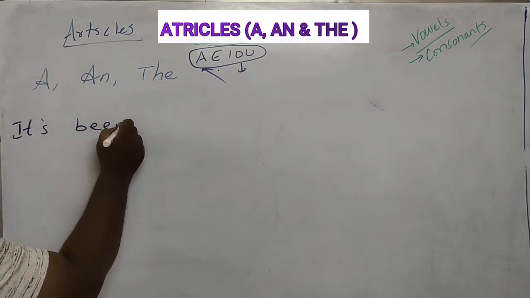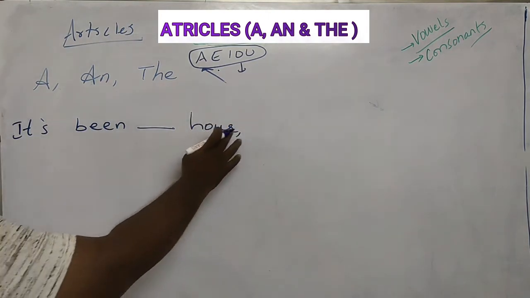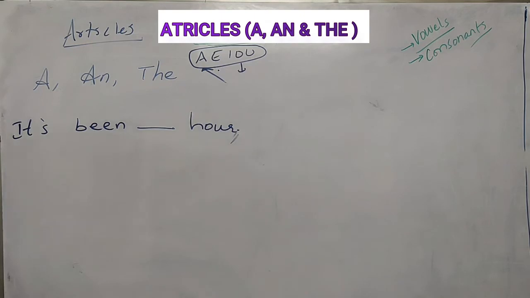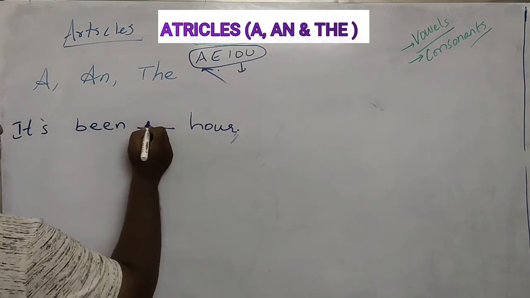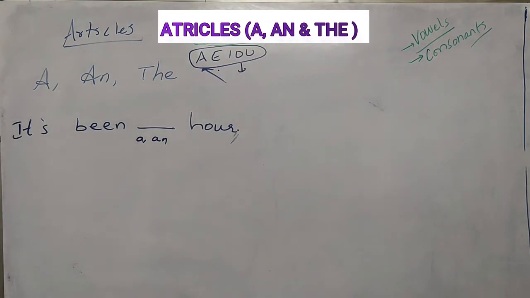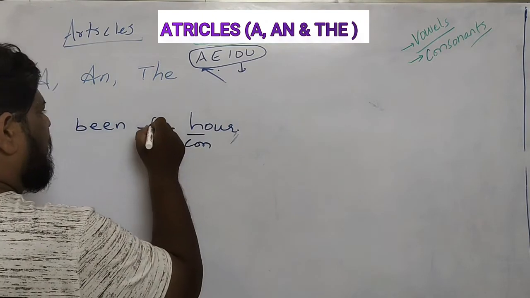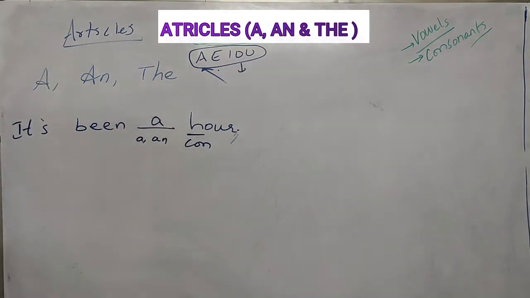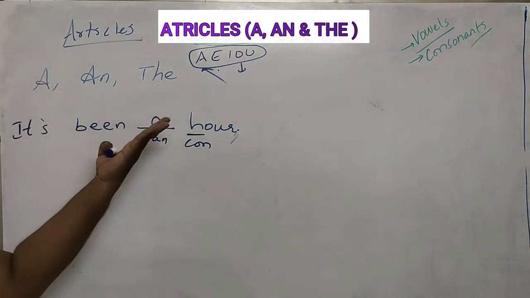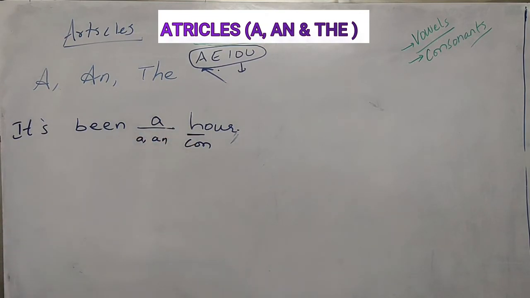It's been dash hour. I was waiting for him. So it's been dash hour. Now here, what do you write here? Will you write A or "an"? Because H is a consonant, you write A, isn't it? H also sounds like H, so you write A. No, it's wrong.